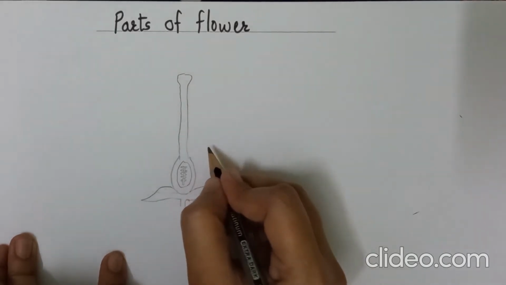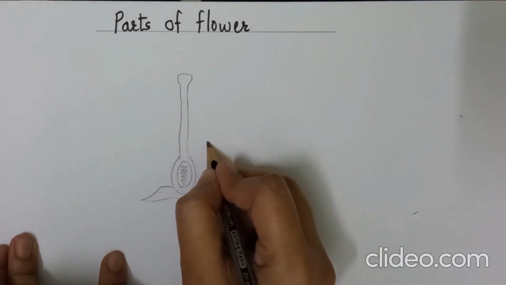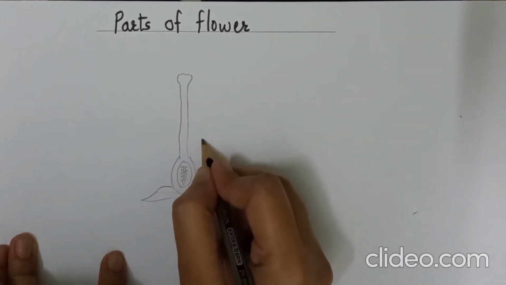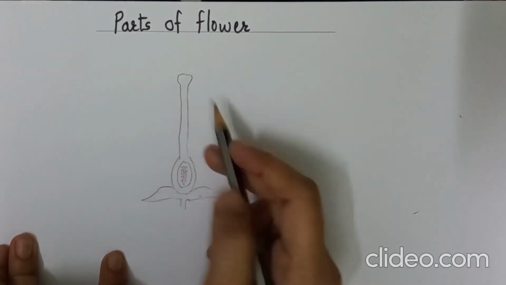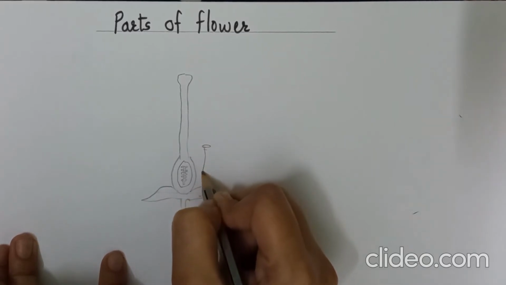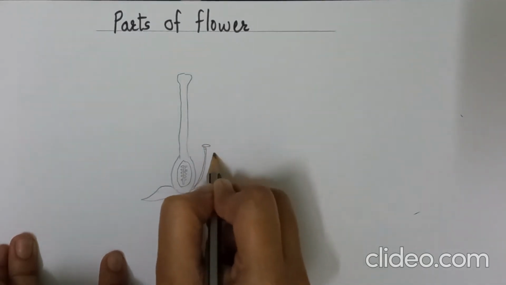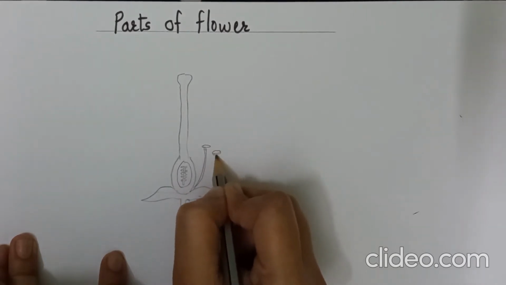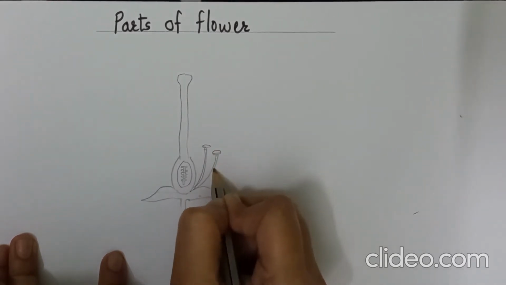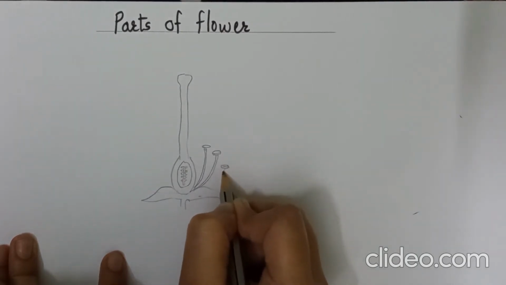So 3 anthers. Seeing that the height of the anther and the filament should be till this one, above the ovary, but not reaching the stigma. So we will draw the anther and filament at minimum height. See, this is 1, then next down here 2, 1 more down here, 3.